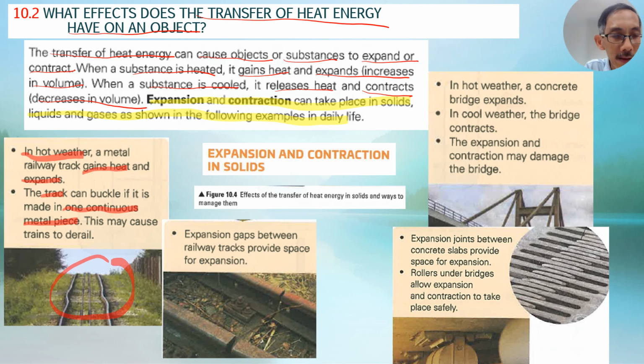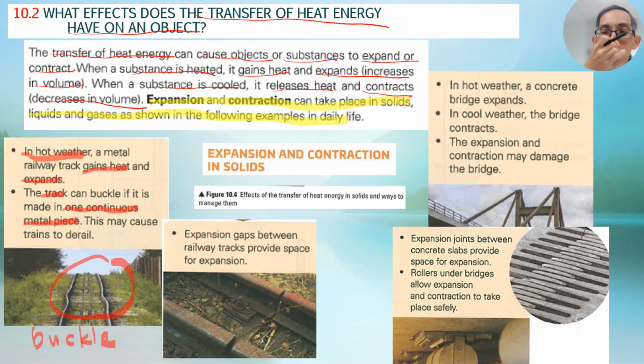The term we normally use is that the track will buckle, B-U-C-K-L-E. Buckle means it will not go straight anymore. And of course, if the train goes through the track that is not straight, an accident will occur and lives will be in danger.